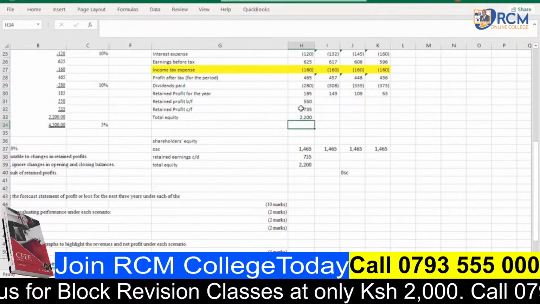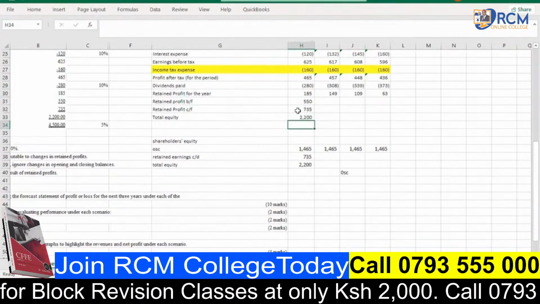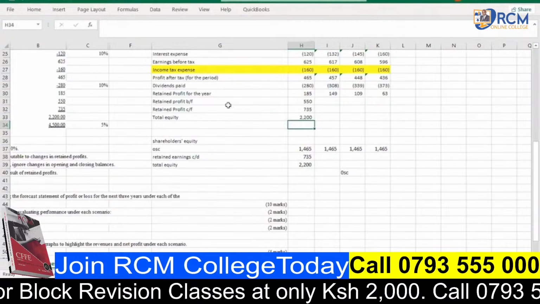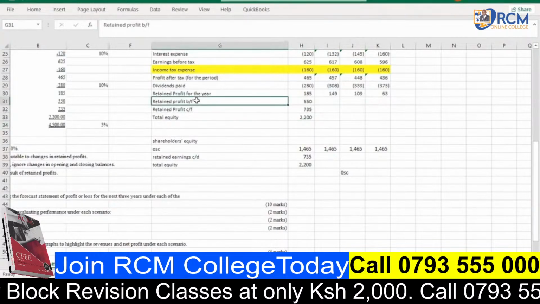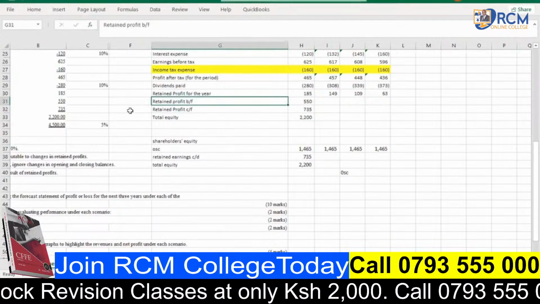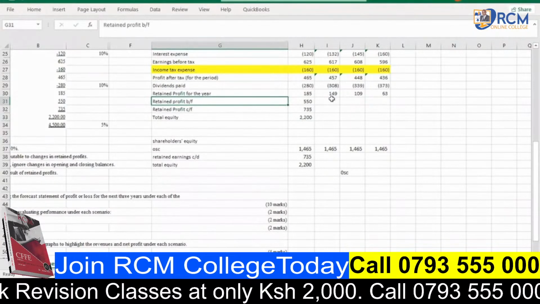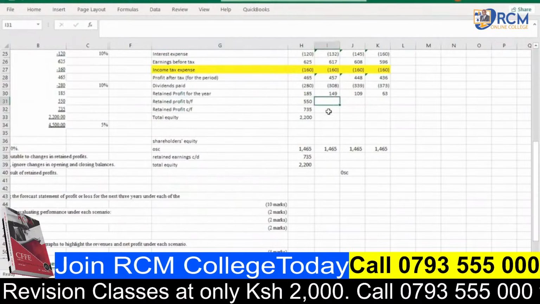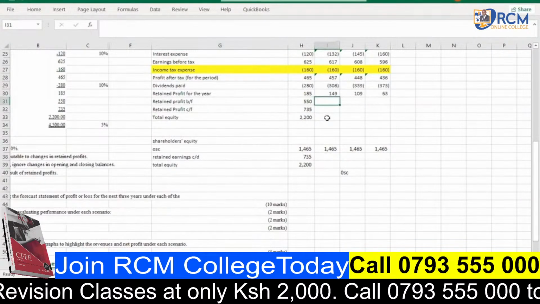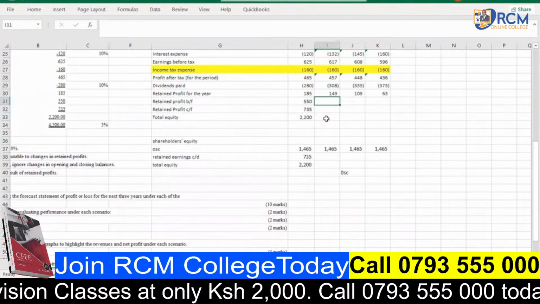Let's remain with 2022. We have said our retained profit brought forward or brought down is the retained profit from the previous year. Now that we are through with 2022, can someone give us the value for the retained profit brought forward in the year 2023?